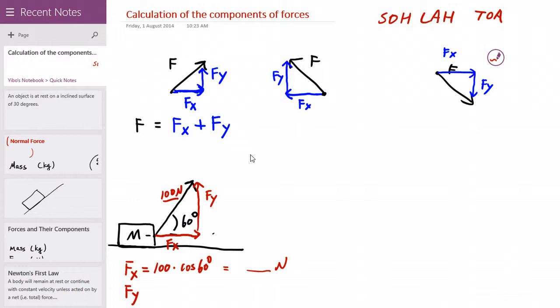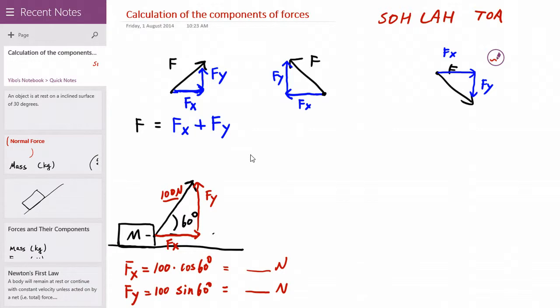For vertical forces, it's always the force times the sine of the angle for the vertical part. Put it in your calculator.